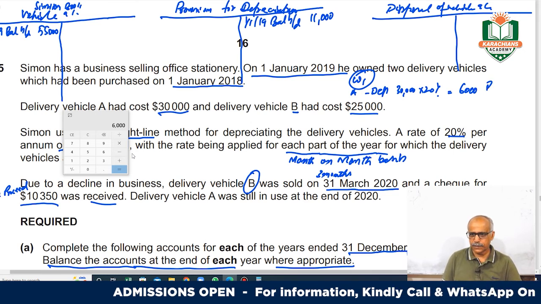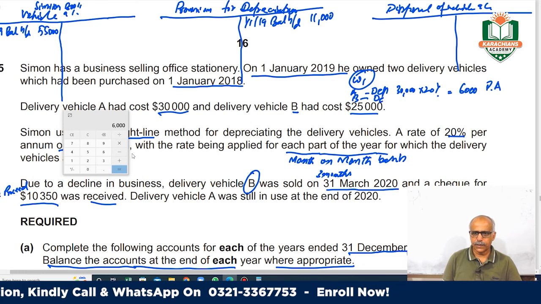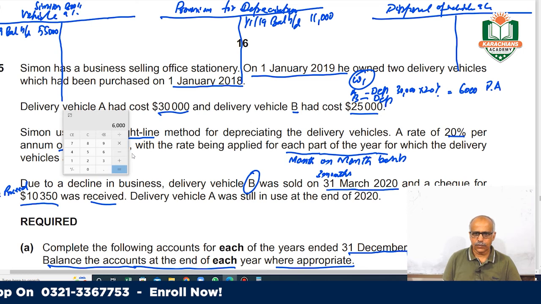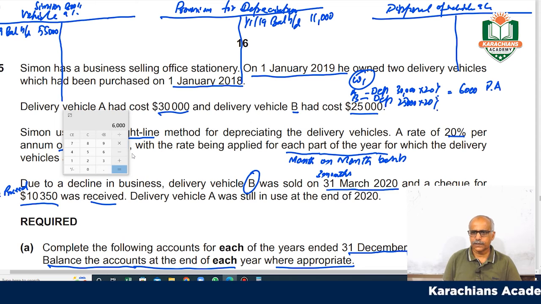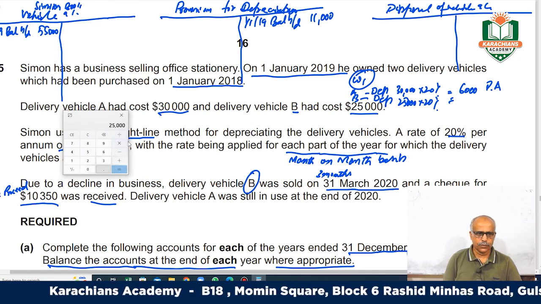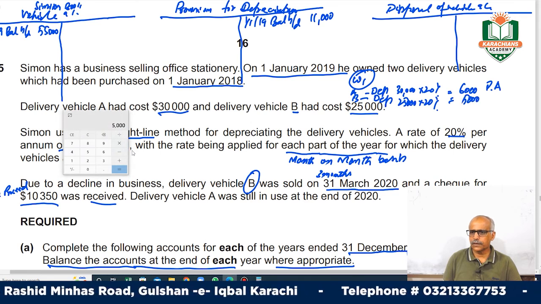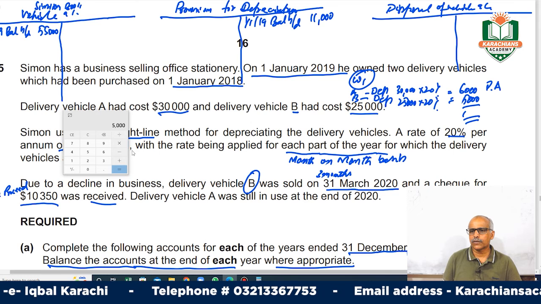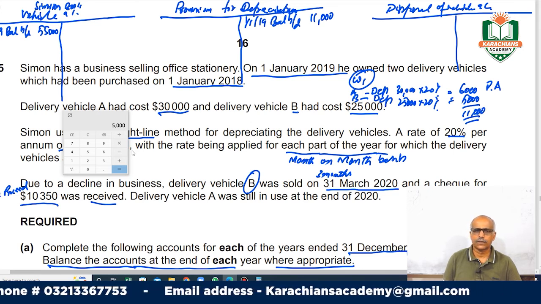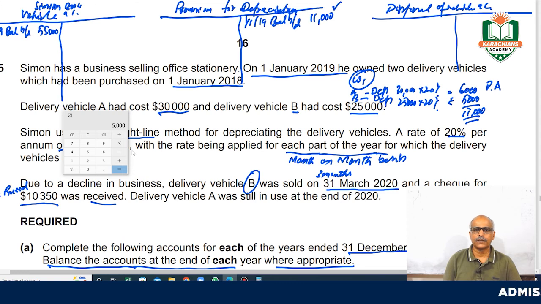So per annum depreciation would be 6,000. On B, per annum depreciation cost is 25,000. Rate is 20%. So 25,000 into 20%, this will be 5,000. So your annual depreciation on both of these two equipment would be 11,000. This for 2018, because these equipment were purchased in 2018. So this 11,000 he has already given you here, right?